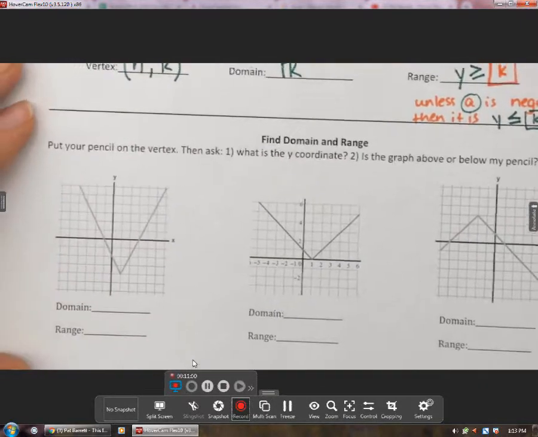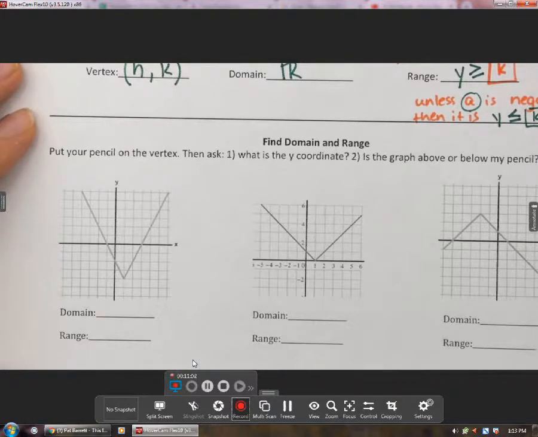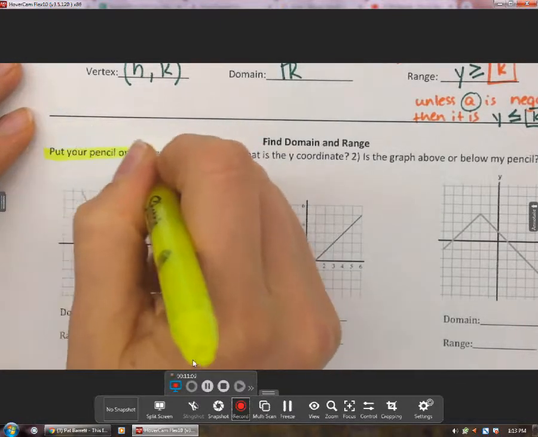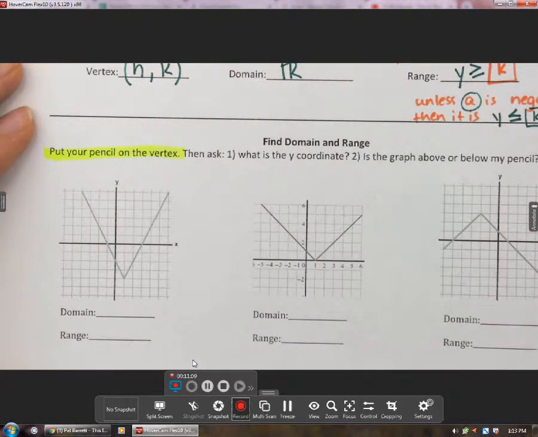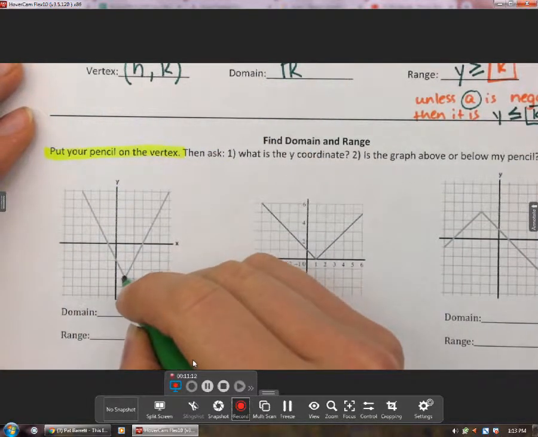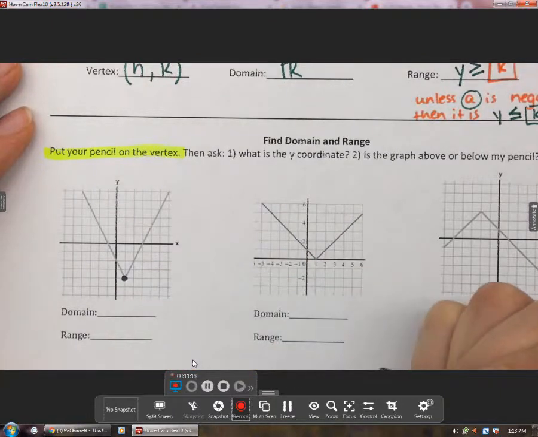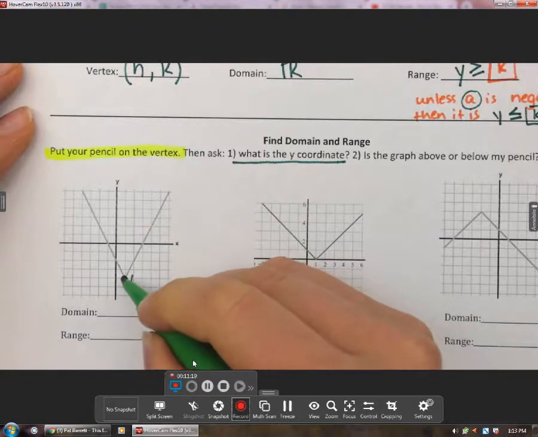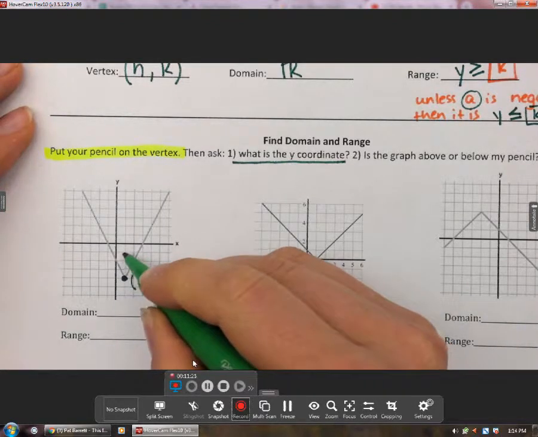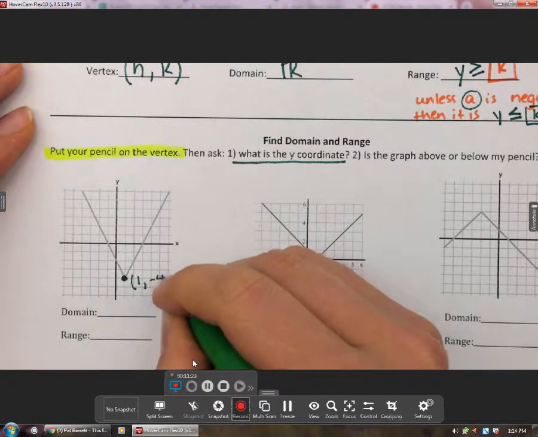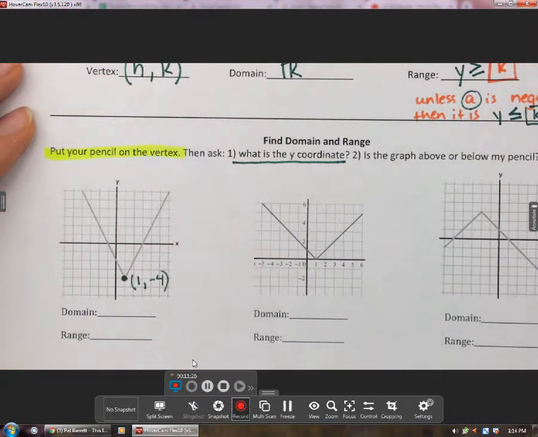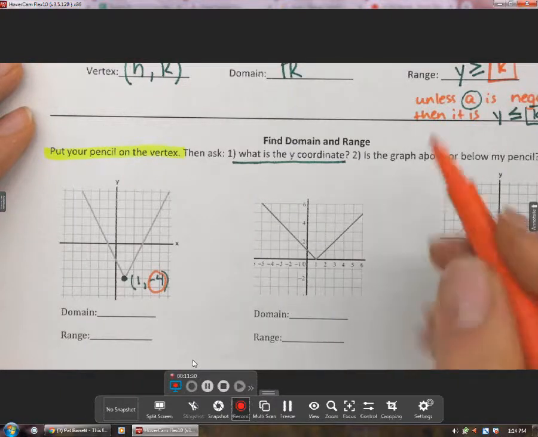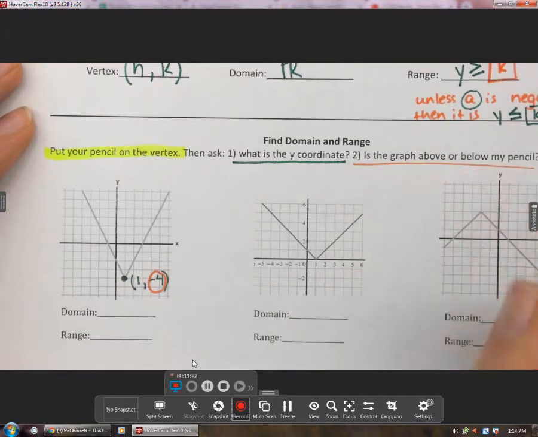Alright, we're going to practice some domain and range. To find domain and range, first you put your pencil on the vertex. So here's my first graph. Here's my pencil on the vertex. Then you ask yourself, what is the y-coordinate? This is the point 1, comma, 1, 2, 3, 4, negative 4. So the y-coordinate is negative 4. And then you ask, is the graph above or below my pencil?